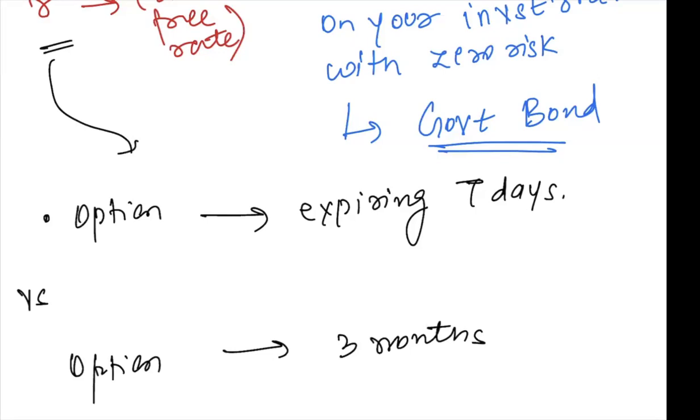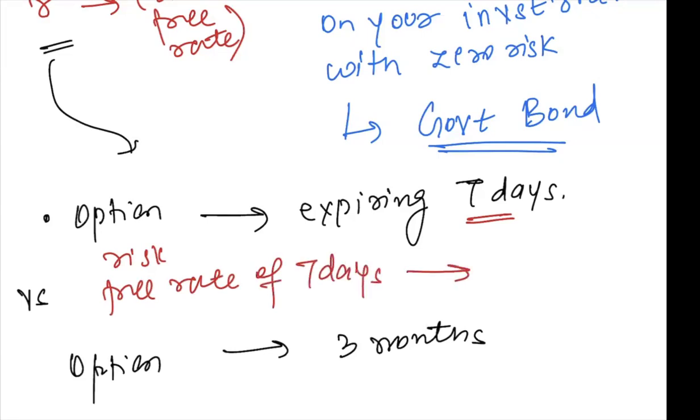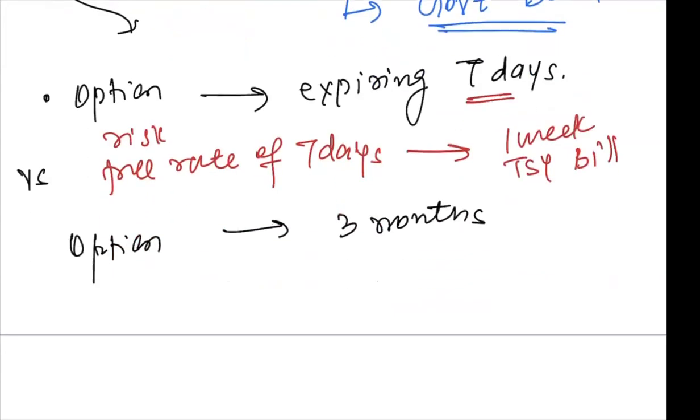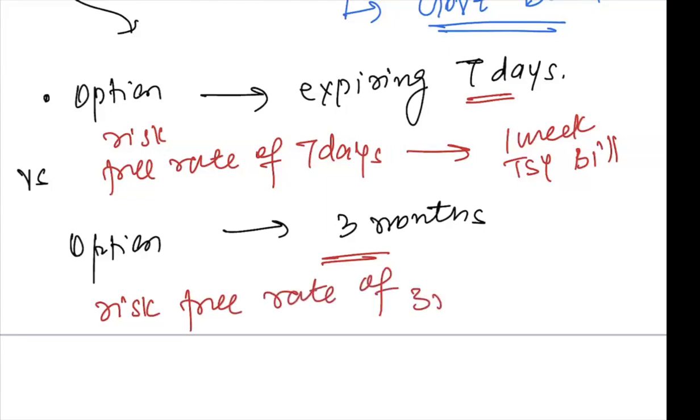No, right? Because if something is expiring in 7 days, you will take the risk-free rate of 7 days. So in this case, you can take a 1 week treasury bill. And when you have an option contract which is expiring in 3 months, you will take the risk-free rate of 3 months, which can be a 3-month treasury bill.